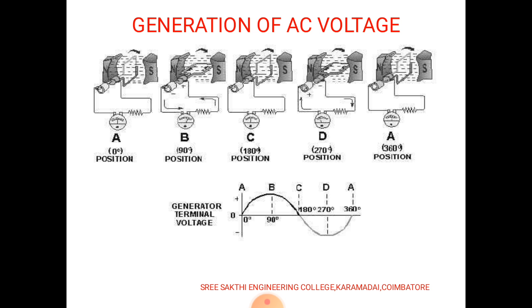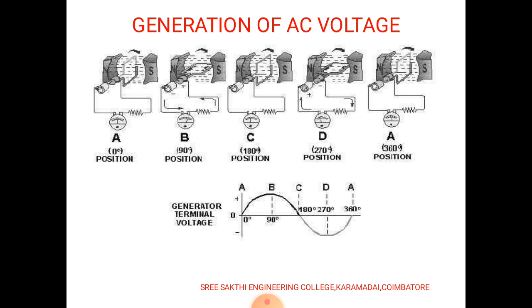When the coil is stationary, there is no EMF produced. When the coil rotates at 90 degrees, that is in figure B, the flux is generated, resulting in the AC voltage at the output. So in figure B, the coil position is at 90 degrees, and according to that, the waveform is generated here.